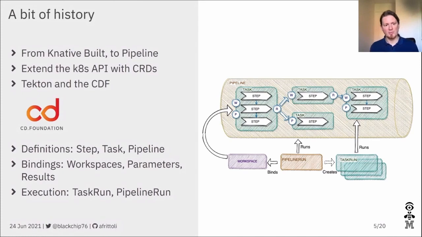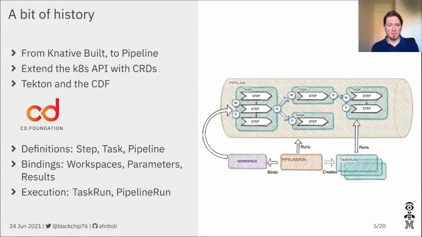So Tekton works by extending the Kubernetes API with what are called custom resource definitions, or CRDs, which are abstractions that can run in Kubernetes. Tekton defines a few. For the static structure of the pipeline, it introduces the concept of task, which is a combination of sequential steps, and a pipeline, which is a combination of serial, sequential, or parallel tasks.